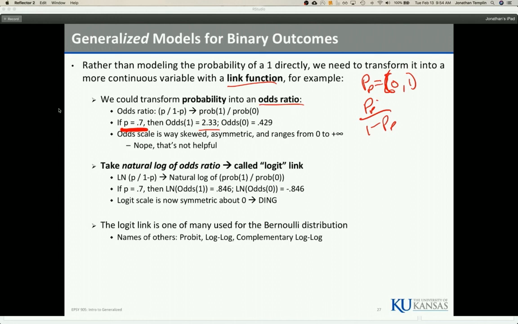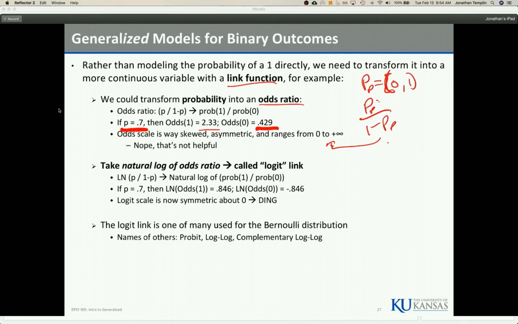Alternatively, the odds of 0 is less than 1, right? It's much less likely for the event not to occur than for the event to occur. But you'll note when we take p, a number that goes from 0 to 1, and put it over 1 minus p, the range of these odds goes from 0 to positive infinity.